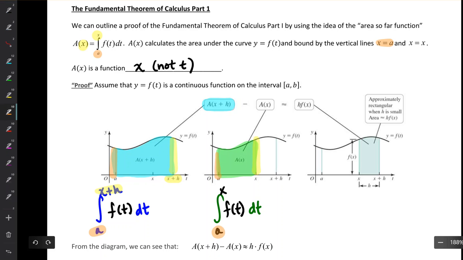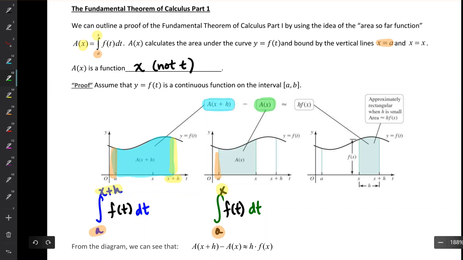From a to x, where you cut it off. In the area so far function notation, that's just A of x, right there, that green area.